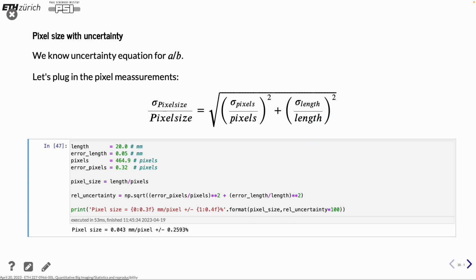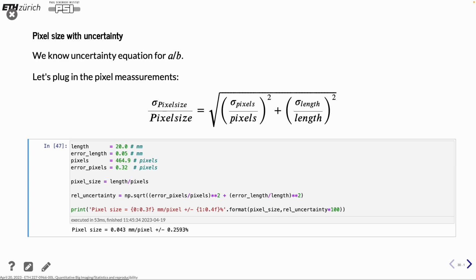And computing this, I have a few lines of code where I enter all the values in the table from the page before, and then I compute the pixel size and the relative uncertainty from this equation, which is that one. And then I print it out, and I can see that the pixel size is 43 microns with 0.26% uncertainty, which corresponds to 0.1 microns.